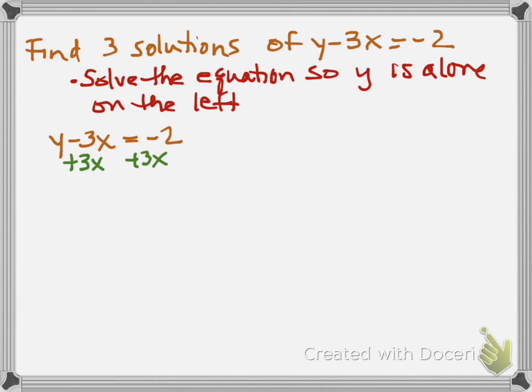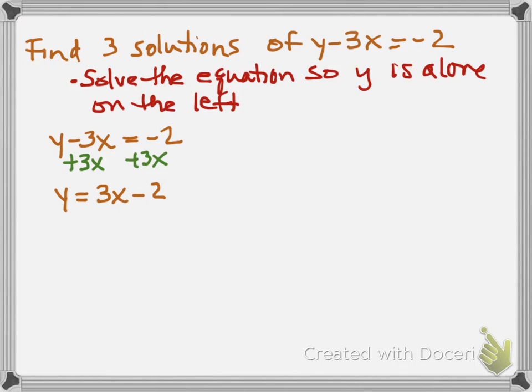Now I am going to also recommend that when you solve this equation, you always, regardless of the sign, put the x term right after the equals. And again, we'll talk why that's important, but not today.